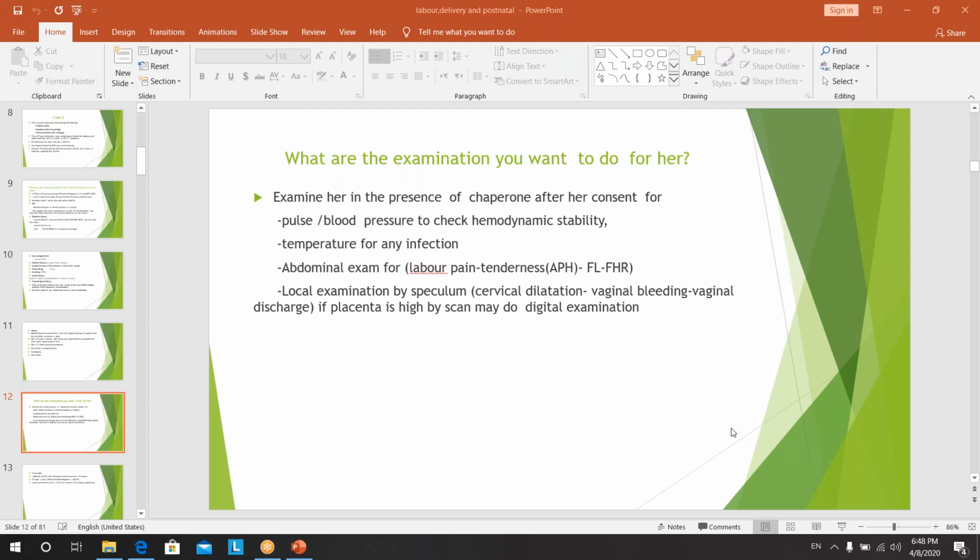According to the Green-top guideline on group B strep 2016, it is clearly stated there. If the patient is in preterm labor, whether you know her GBS status or you don't know, give her an antibiotic against group B strep. I can share this guideline.